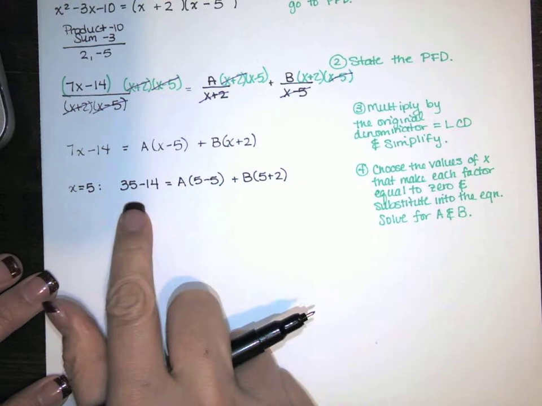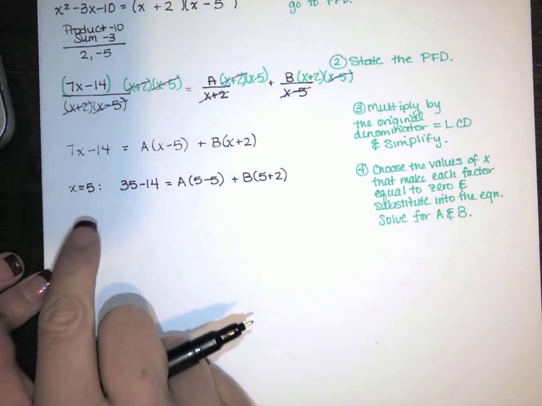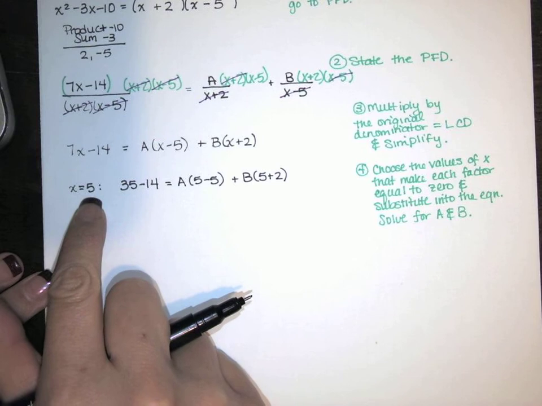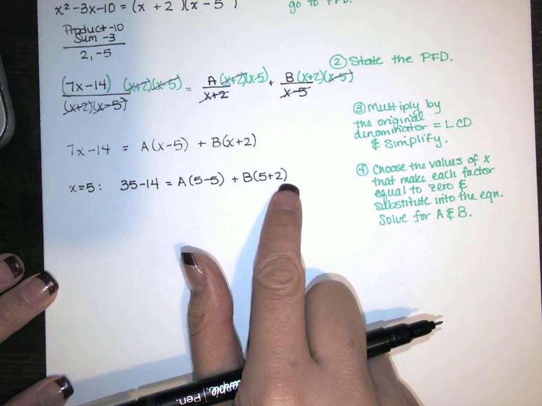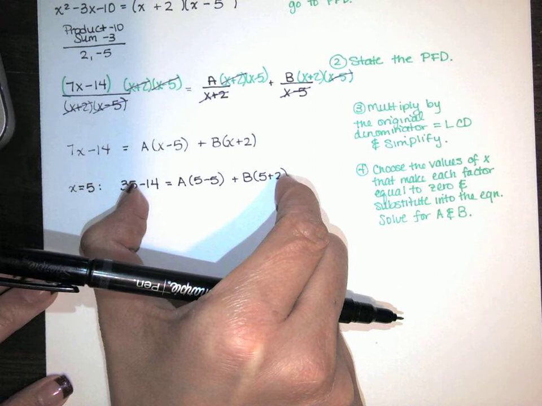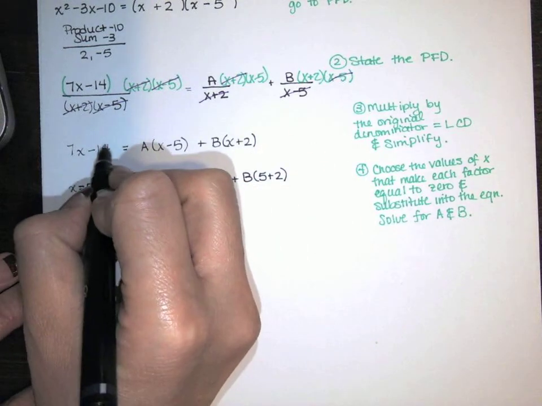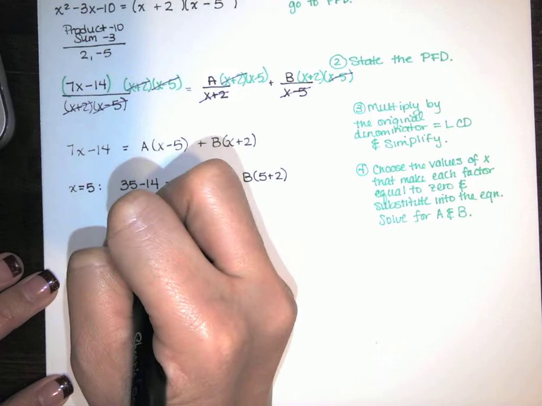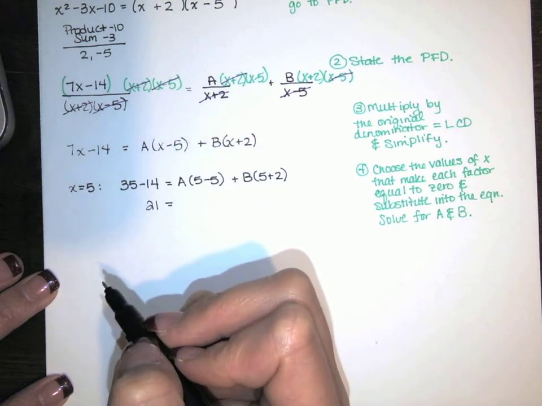You do not have to show all of these steps every time, but I wanted to show you that that's literally what I'm doing. I'm literally substituting. I'm replacing x with a 5. I'm plugging that in. And then everything will simplify from there. So normally I would do all this arithmetic in my head, skip that line, and go straight to this. When x equals 5, I have 35 minus 14, which is 21. And that's a times 0, which is 0.